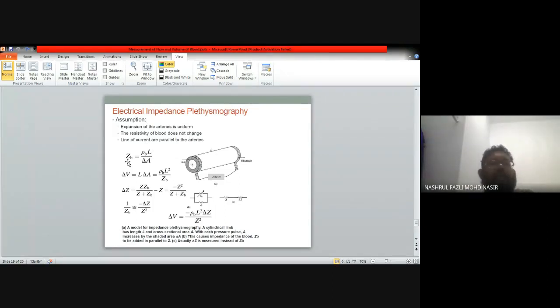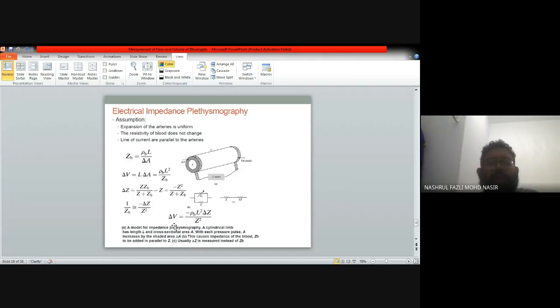So ZB is the impedance, and rho B is the resistivity of the blood. L is the length of the limb, and the cross-sectional area change is delta A. So how do you get this?